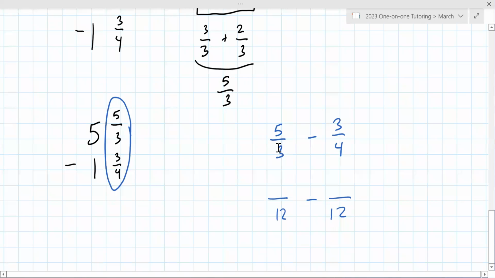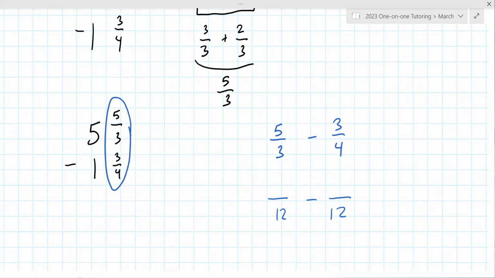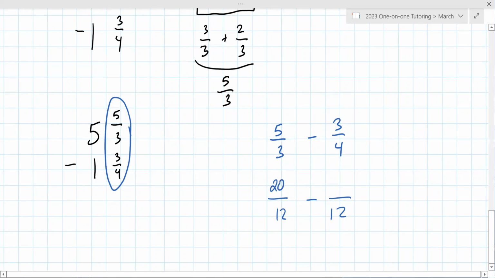So from 3 to 12, you're multiplying by 4, so then you multiply that by 4, which is 20. Yes. And then from 4 to 12, you multiply by 3, and that's 9. Yes. So then that would be 20 minus 9, which is 11. 11 over 12. Good. So that's the part in blue.